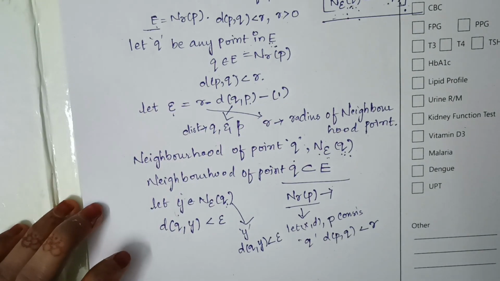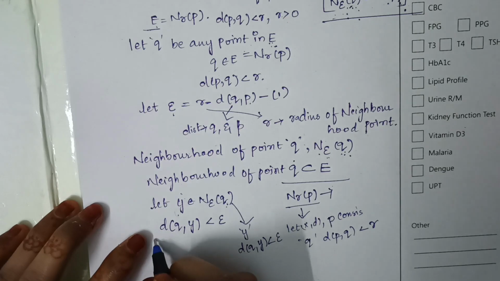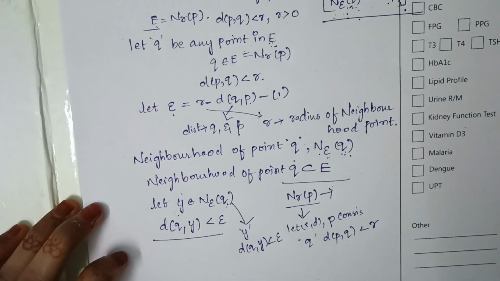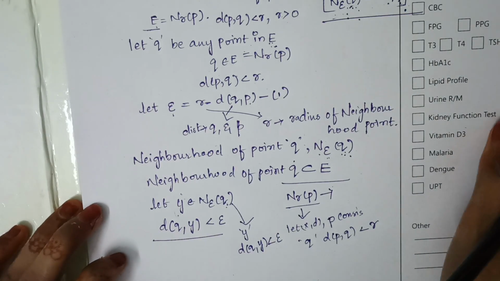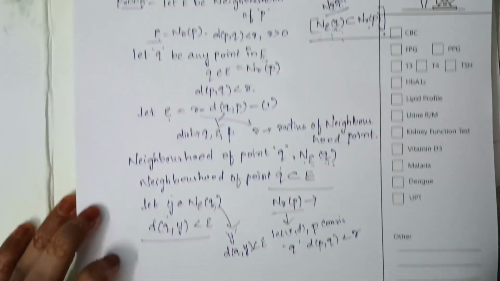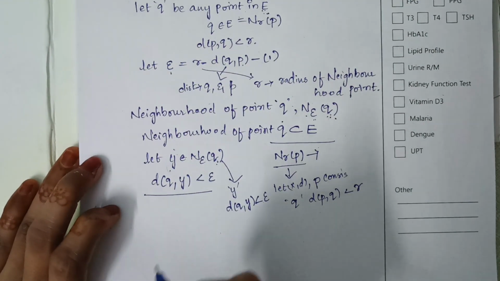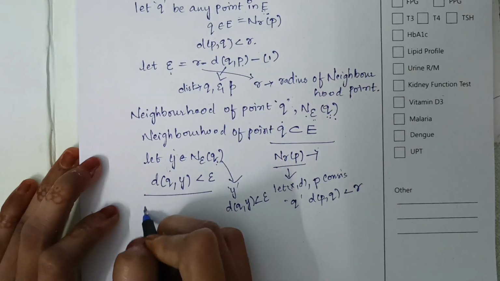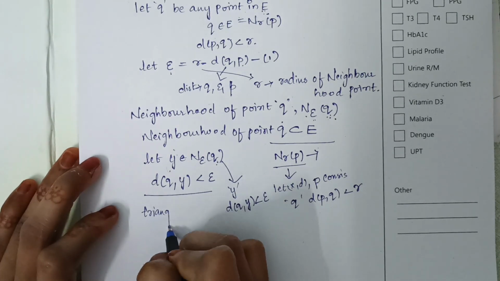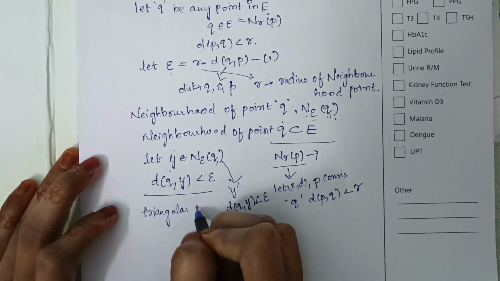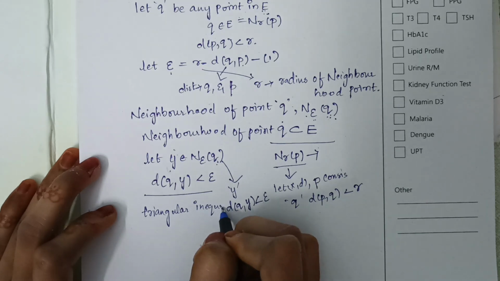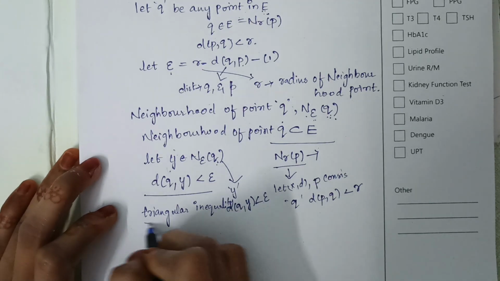I can write like this, right? So I have written it in this way. And we know that in a metric space we have four properties. If you remember, the fourth property is the triangular inequality property.